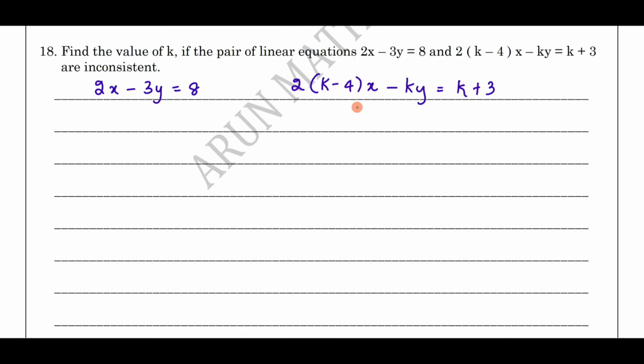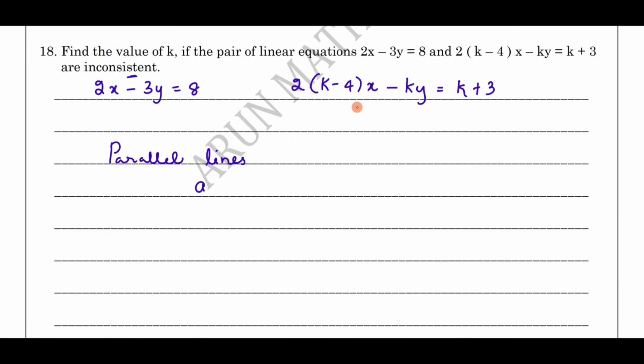What is the condition they are given? They are given it is inconsistent. That means parallel lines. They have no solution at all. Instead of giving inconsistent, they might give no solution.